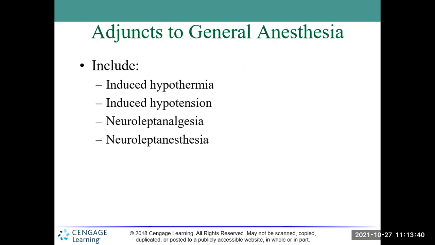All right, so we can have situations where there is induced hypothermia. If they need blood flow to be greatly reduced in a case, so that circulation is reduced, they may induce hypothermia to create that. Also induced hypotension, reducing the blood flow so that there's less bleeding at the site.